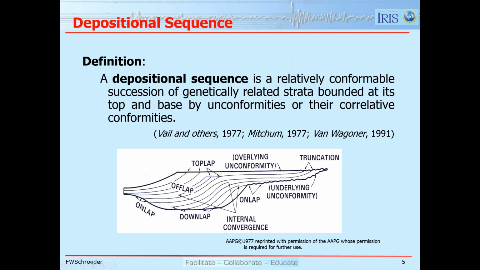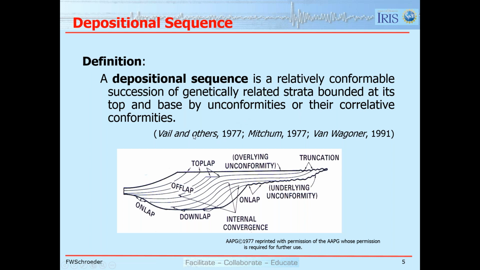So I think last week I talked about the depositional sequence. I'm sorry, I talked about that on Tuesday. This is Thursday. A depositional sequence is a relatively conformable succession of genetically related strata, bounded at its top and base by unconformities or their correlative conformities.